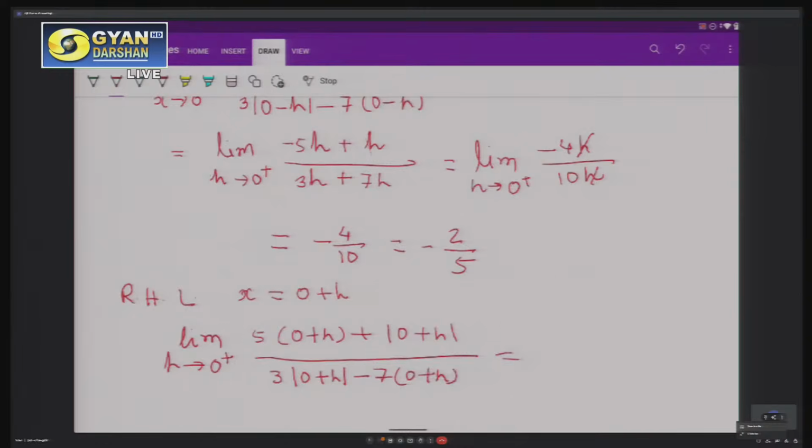So this will be equal to 5h plus h divided by 3h minus 7h.